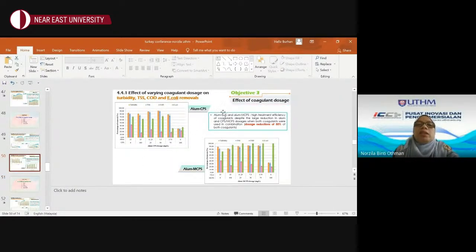How about the turbidity, TSS, COD removal and E. coli using LMMCPS and LMCPS? LMCPS and LMMCPS showed high treatment efficiency despite large reductions in LM and CPS or MCPS doses when both coagulants were used in combination, with dosage reduction of 50% of both coagulants.